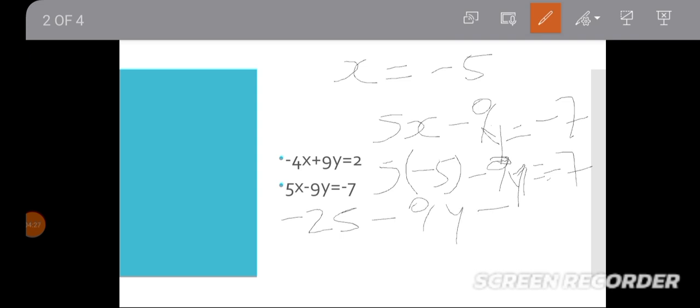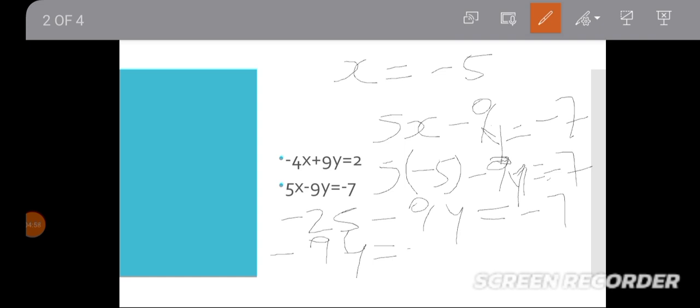Equals negative 7. Since we're trying to find the y value, we're going to make y the subject of the formula, right? We have a negative 25, and we're going to bring that negative 25 over to the other side.